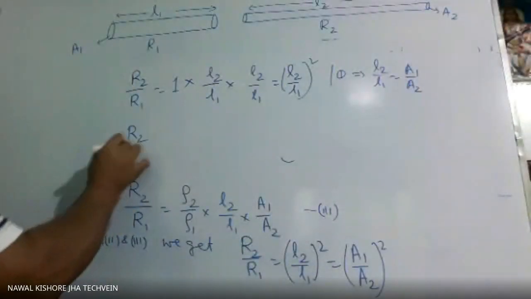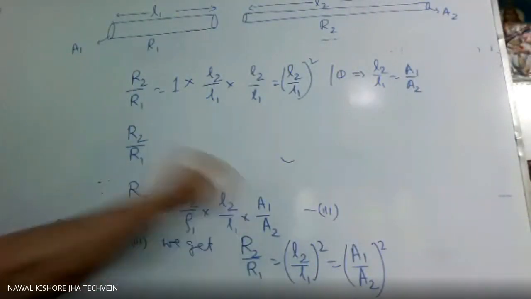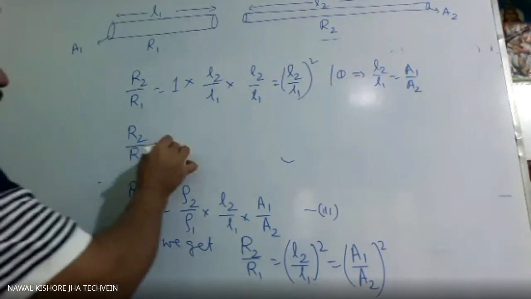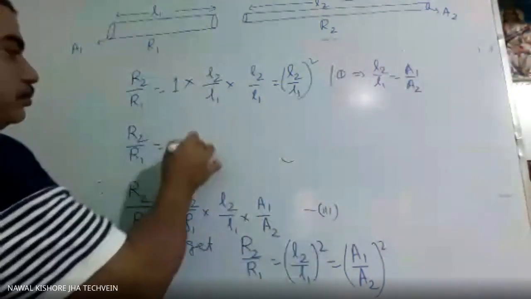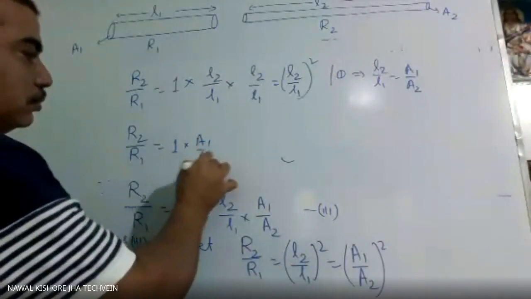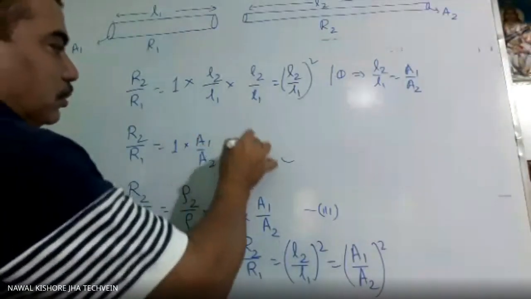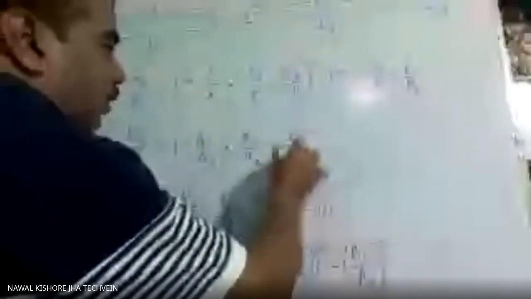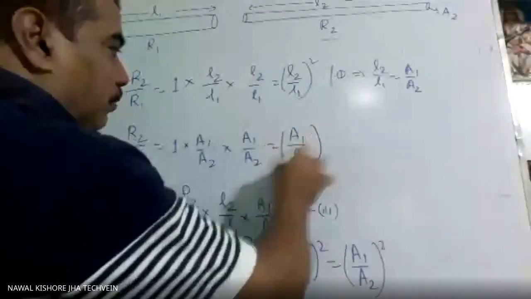Or you can say I will express in terms of area only. In place of L2 by L1, we can write A1 by A2. So it is A1 by A2 whole square.